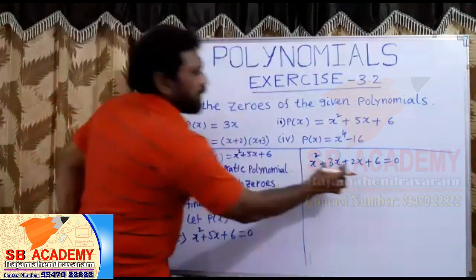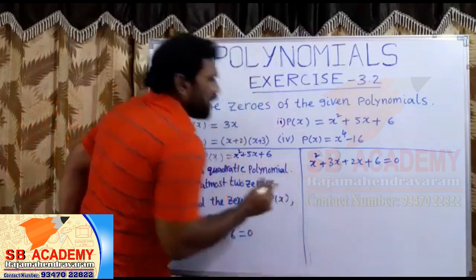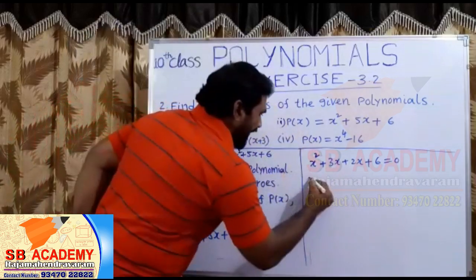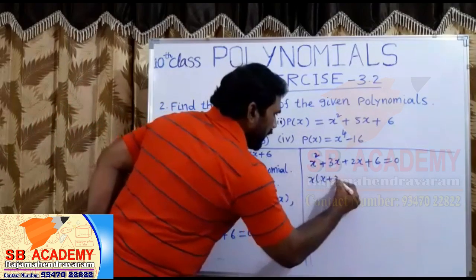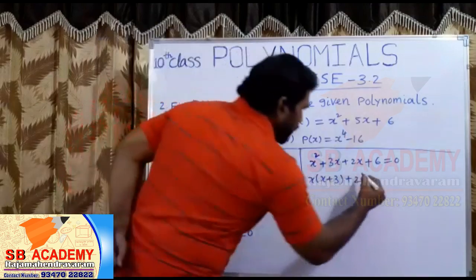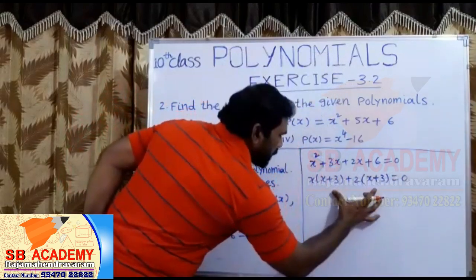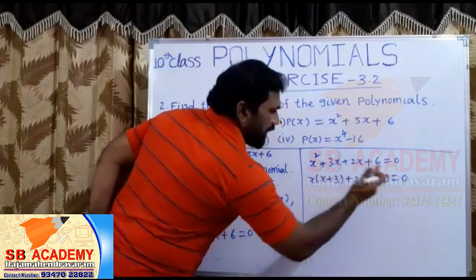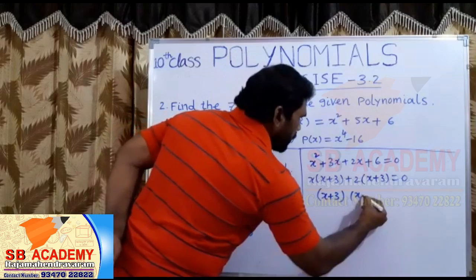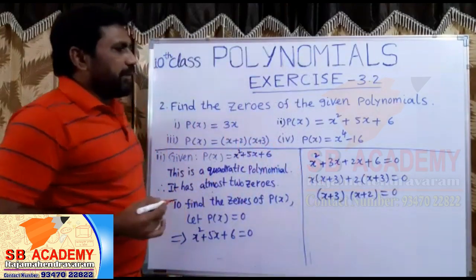What is the common number in first two terms? x is common. x into (x plus 3) plus what is the common number here? 2 is common. 2 into (x plus 3). Again, (x plus 3) is common in these two terms. So (x plus 3) into (x plus 2) equal to 0.